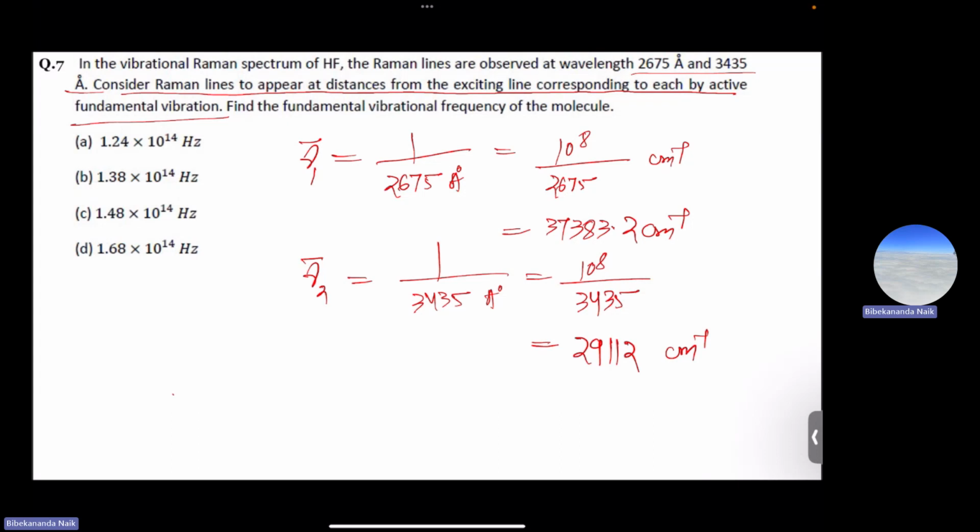We know that if this is the exciting line, then one line will appear at nu 0 bar plus delta nu and the other at nu 0 bar minus delta nu. So how will we calculate delta nu? Delta nu will be nu 0 bar plus delta nu minus nu 0 bar minus delta nu, divided by 2.